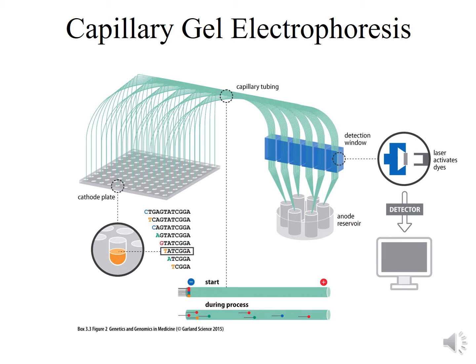Fluorescently labeled DNA samples migrate through individual, long, and very thin tubes containing polyacrylamide gel. A recorder detects fluorescent emissions as samples pass a fixed point. Modern dideoxy DNA sequencing uses capillary gel electrophoresis, as do many different types of diagnostic DNA screening methods that will be discussed later in this course.